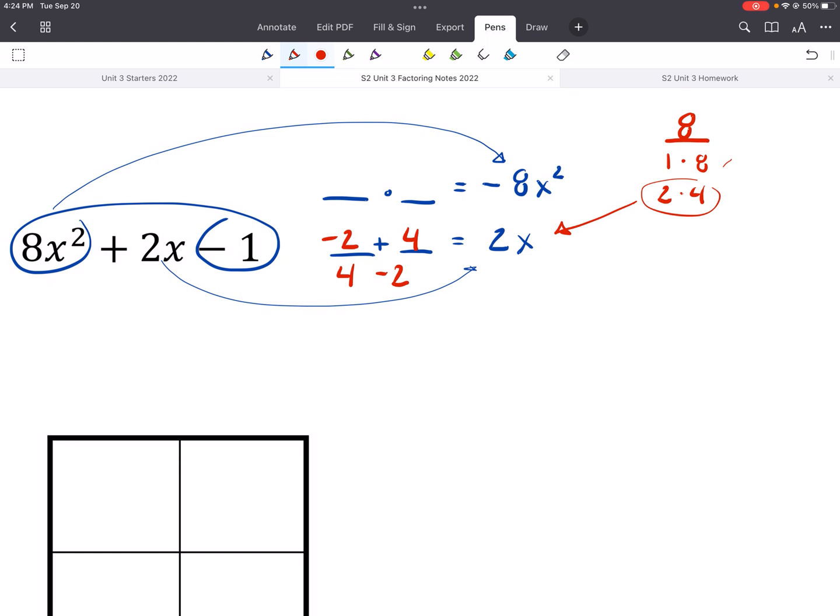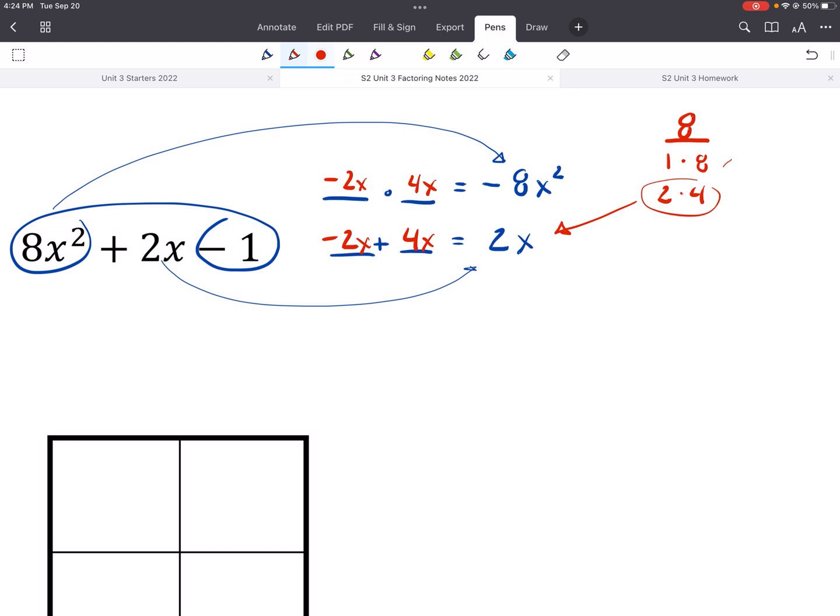You could add or subtract to get 2. Does that make sense? So negative 2x times 4x gives us negative 8x squared, and negative 2x plus 4x does give us 2x. So that is the new thing that we're covering.